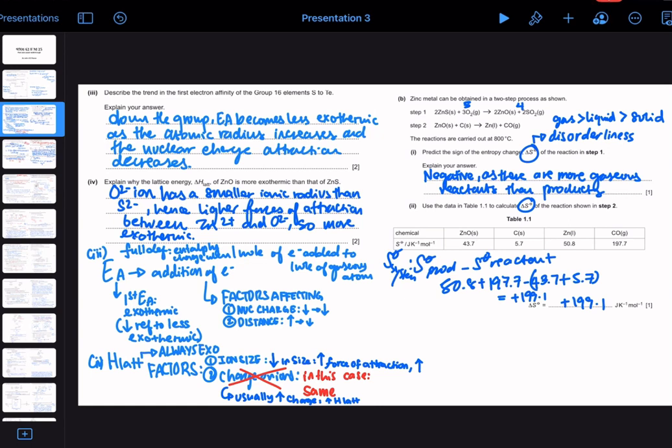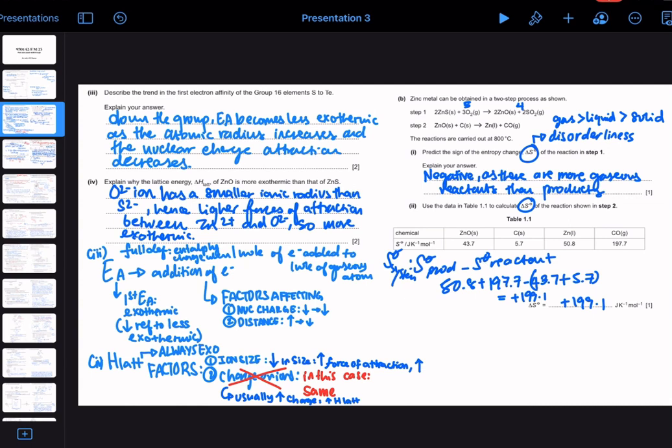But in this case, it has the same charge. Usually the charge also has an effect. If the charge increases, then your lattice energy also becomes more exothermic, but this time around they're the same charge, so it doesn't really matter.